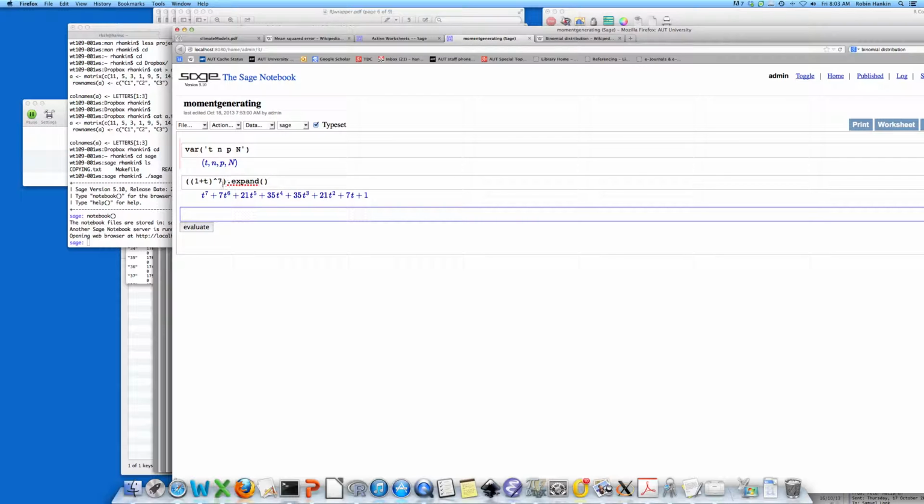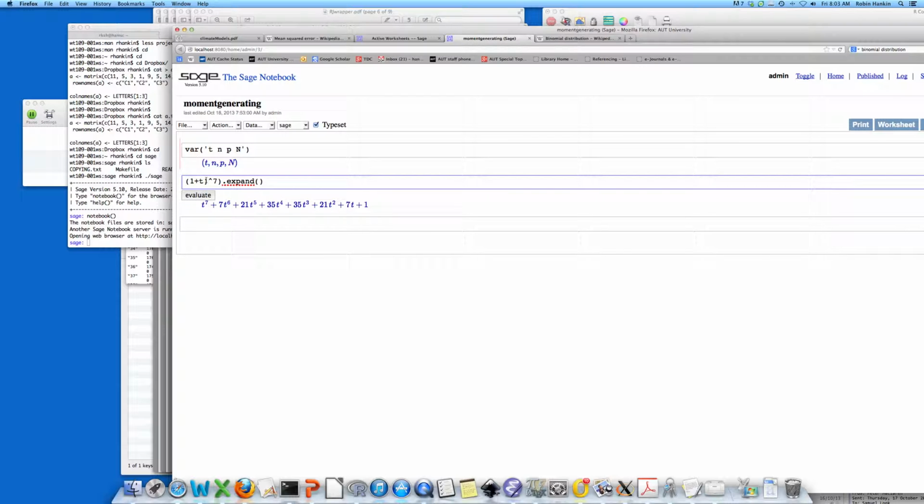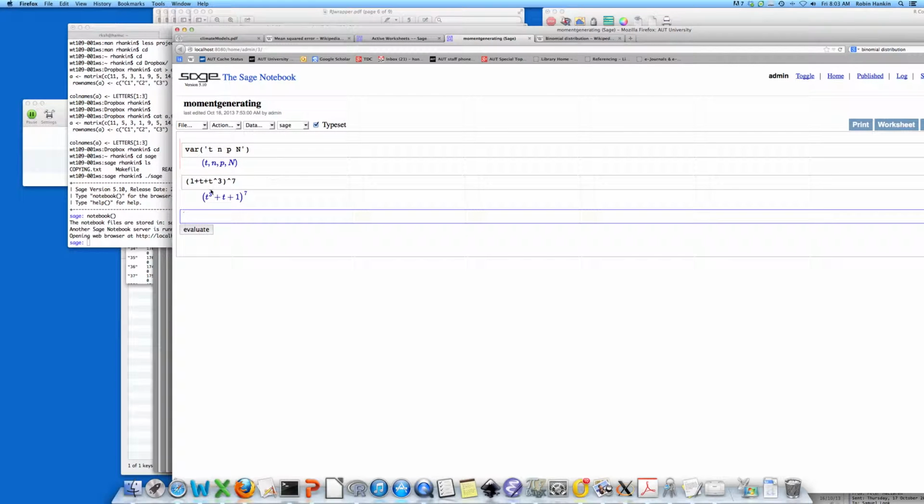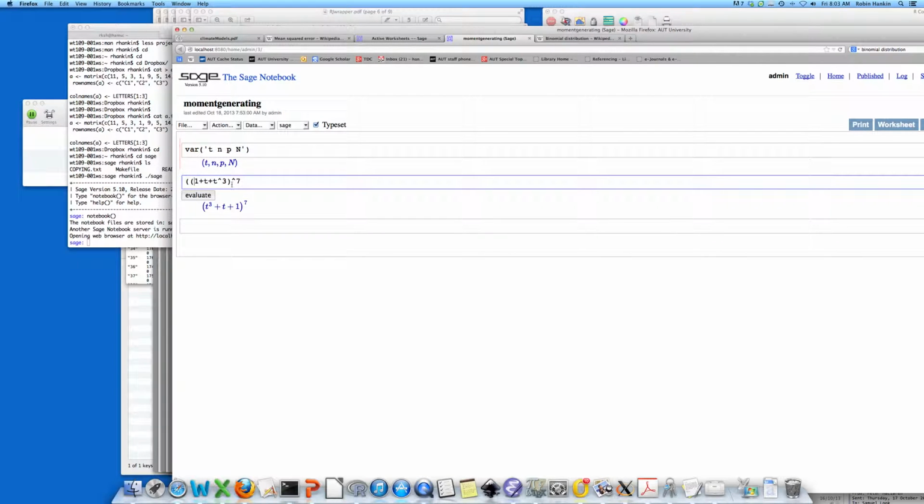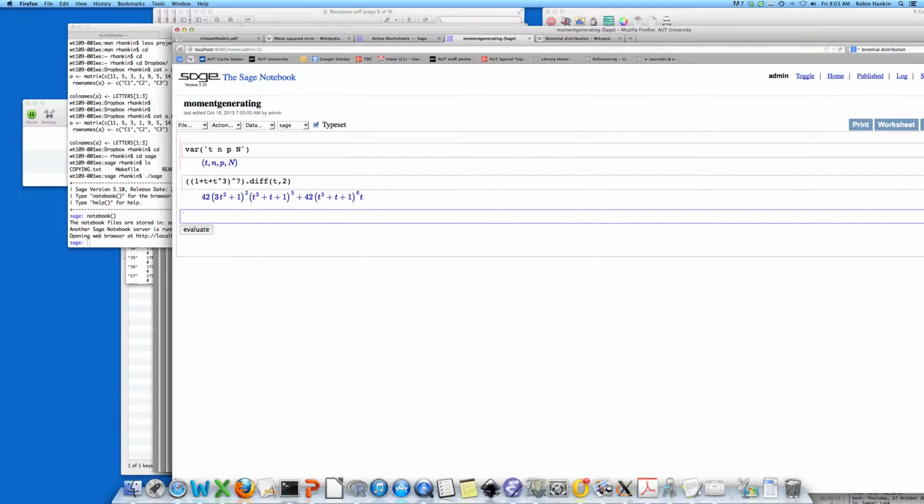I can also differentiate it with respect to t, and do it twice, just for the hell of it, and it gives me this stuff here. So there you go, it does the hard work for us.